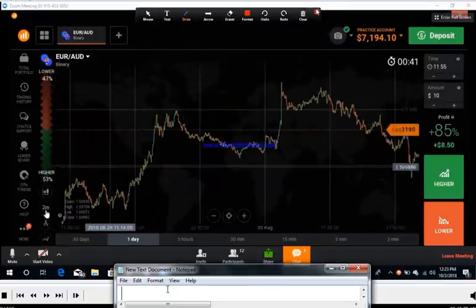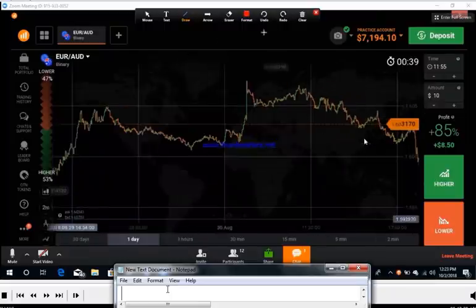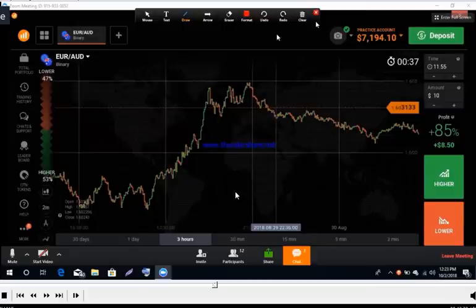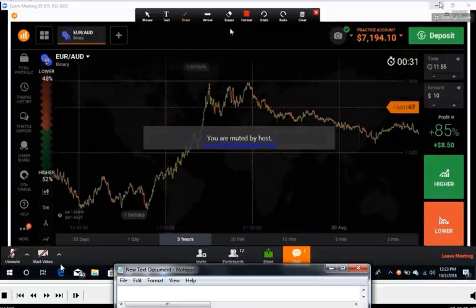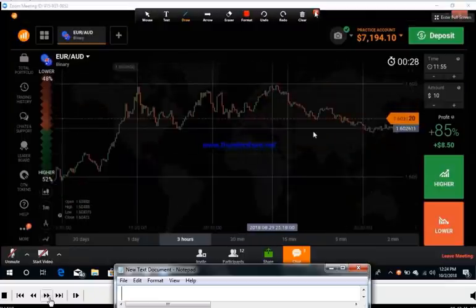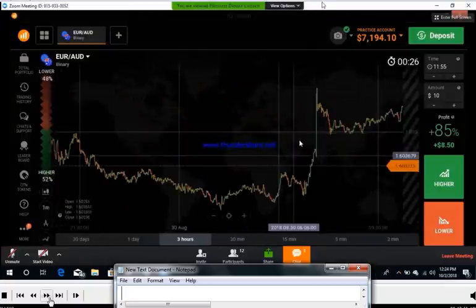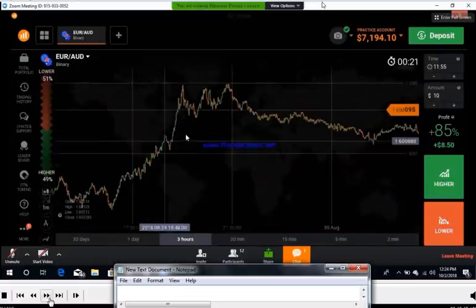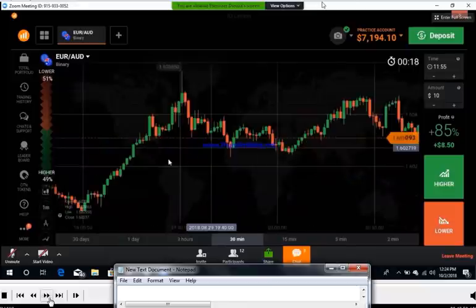So there is a level here. The price bar is touching this level here, and here also it is touching. We can find the strong level if we draw the level here.